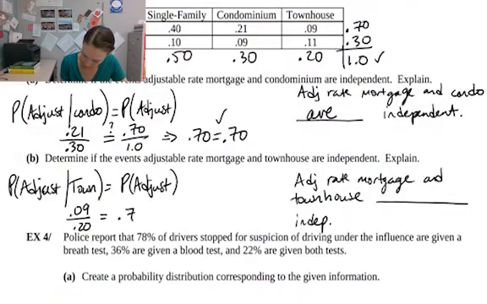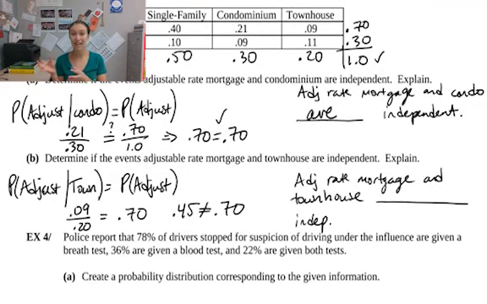Is that the same as 0.70? Well, 0.09 over 0.2 is 0.45. That does not equal 0.70. So now if they bought a townhouse, that changed the probability that they would get an adjustable rate mortgage. So it changed the probability. They're not independent. Adjustable rate mortgage and townhouse are not independent.